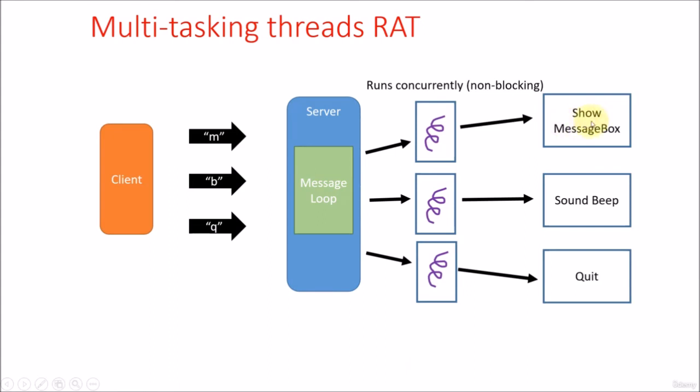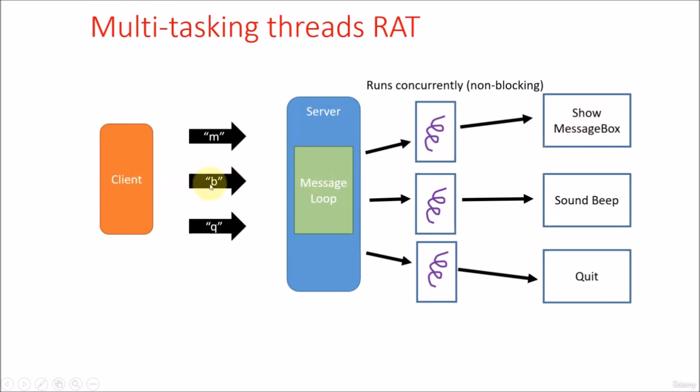And whilst the message box is still being shown and has not yet been closed, if the client were to send a second message M, the server can spawn a new thread to show a second message box, even though the first message box is still on screen. And the client can keep on sending as many messages M as he wants, and the server can spawn as many threads as it needs to show all the message boxes at the same time.